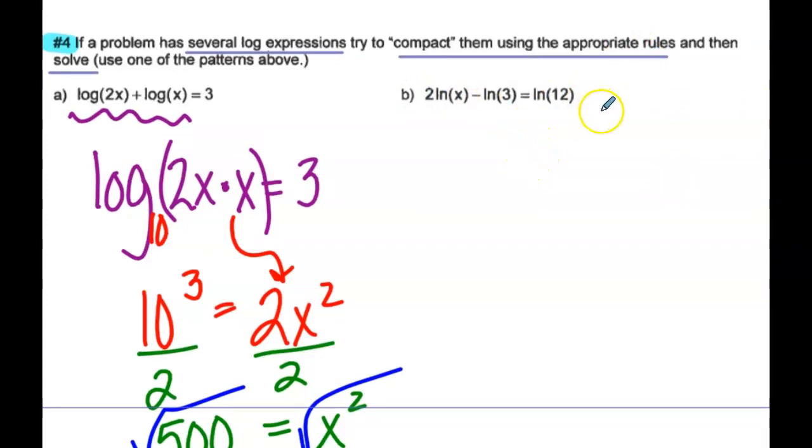All right, on this problem, there's a bunch of different ways we can do this. I'm going to just leave it the way it's written for a minute. In other words, I'm not going to move anything left to right. What can we do with that 2, guys? We can make it the natural log of x. We can move it up as an exponent, which we don't need those parentheses, by the way.